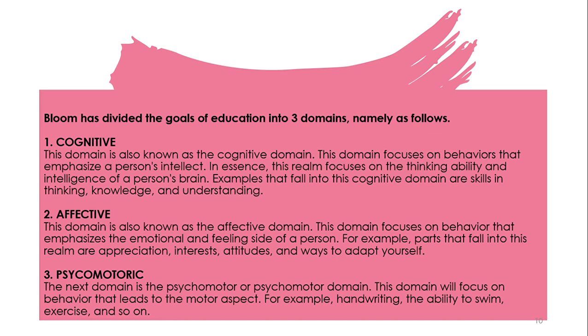And the last, psychomotor. The next domain is the psychomotor domain. This domain focuses on behavior that leads to the motor aspect, for example, handwriting, the ability to swim, exercise, and so on.